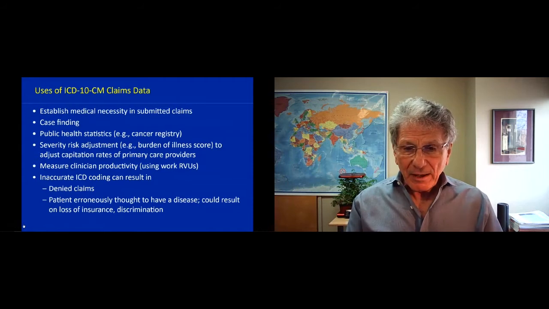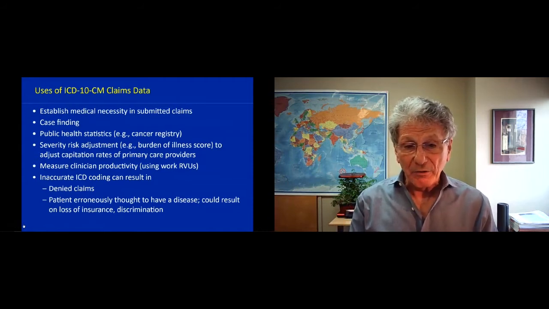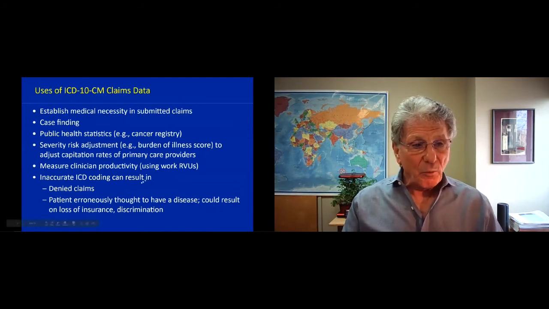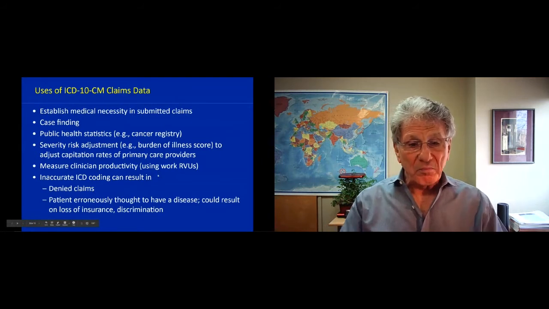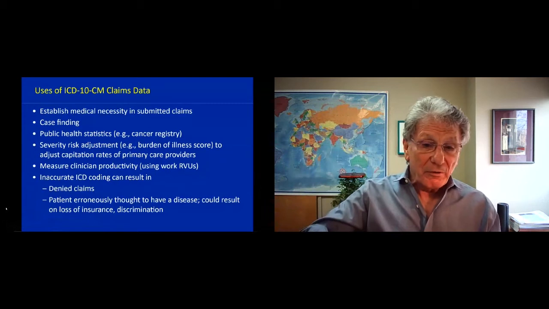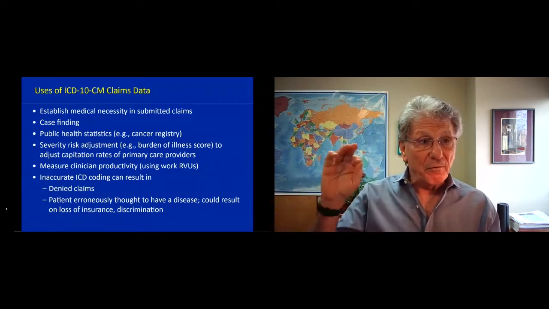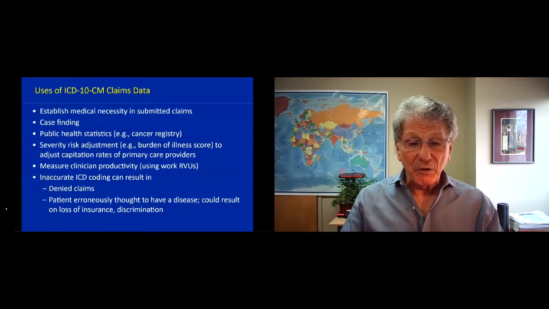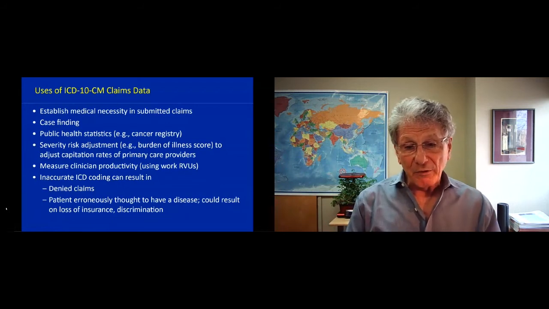But those ICD-10 codes are used for lots of other reasons. For example, health plans use them for case finding. Let's say Tennessee Medicaid wants to do some sort of project with people who have asthma, for example. They're going to go through hundreds of thousands of files looking for ICD-10 codes that have to do with asthma to identify who the asthmatic people are in their health plan.